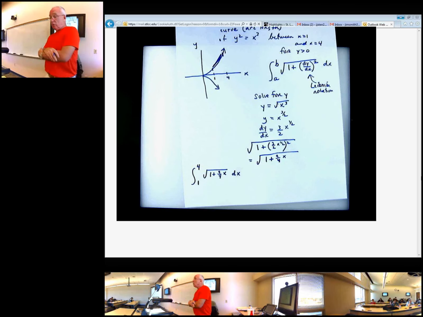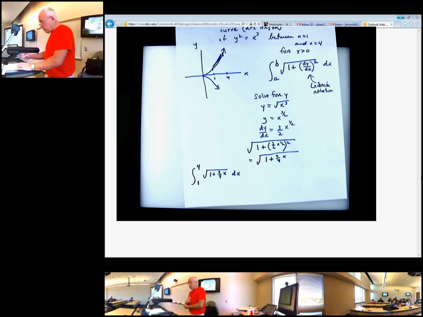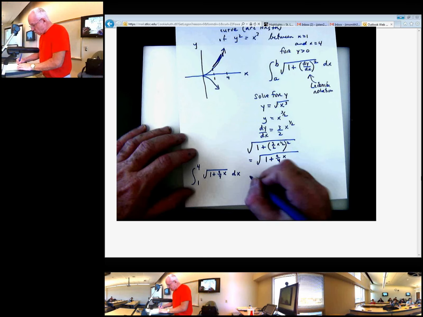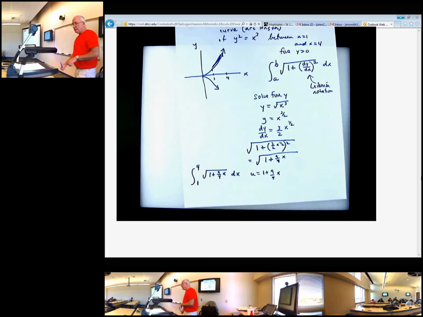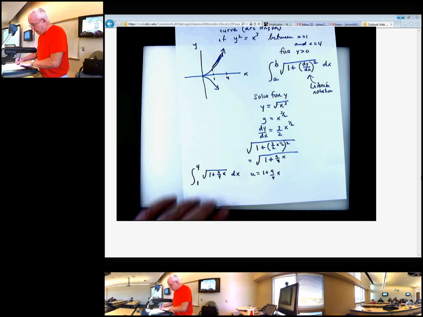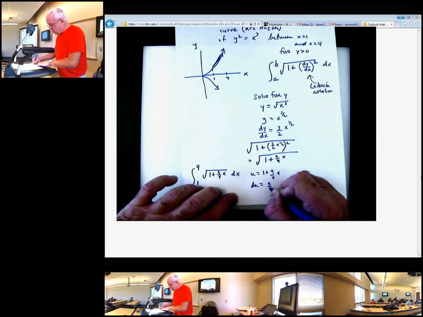So what are we going to do here with this? Absolutely. We're going to do a u substitution. We're going to let u equal what's under the radical, 1 plus 9 over 4x. And so our du becomes 9/4 dx.